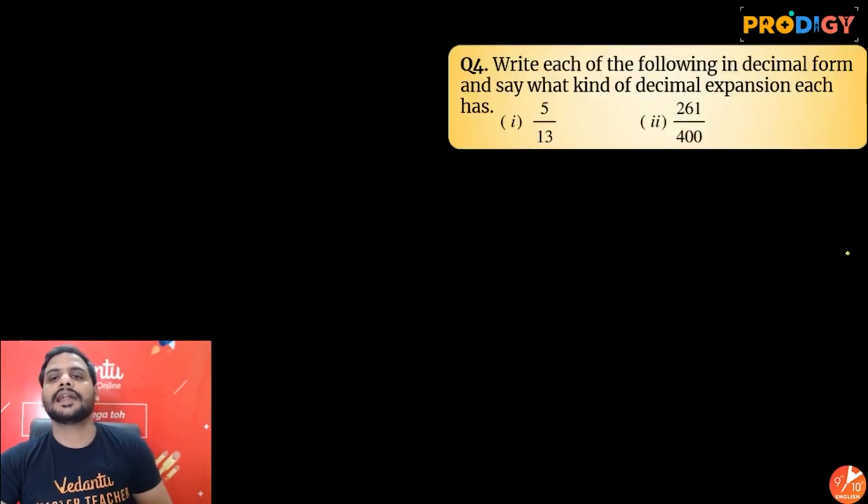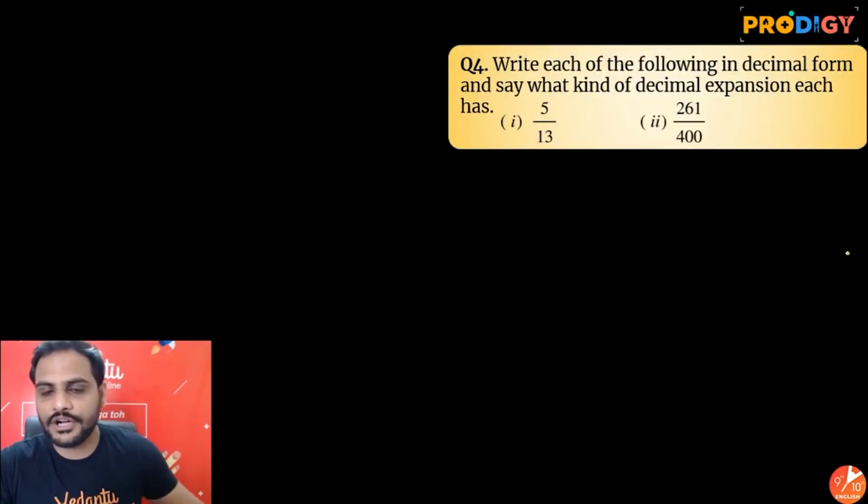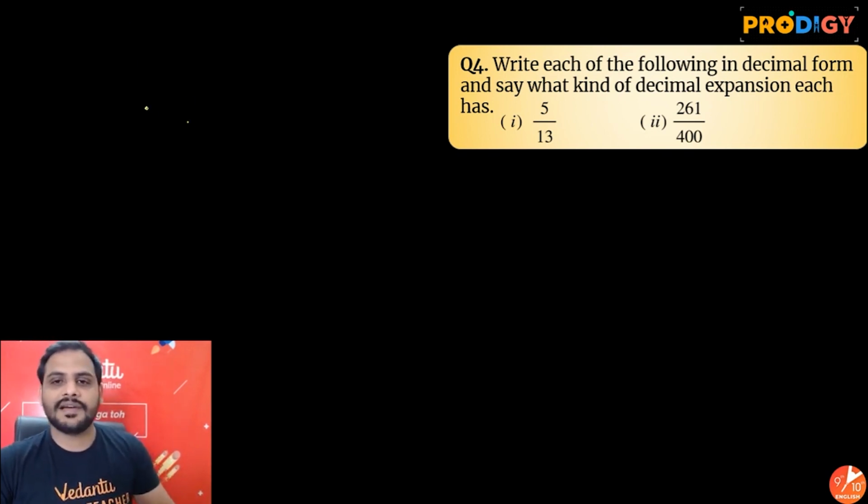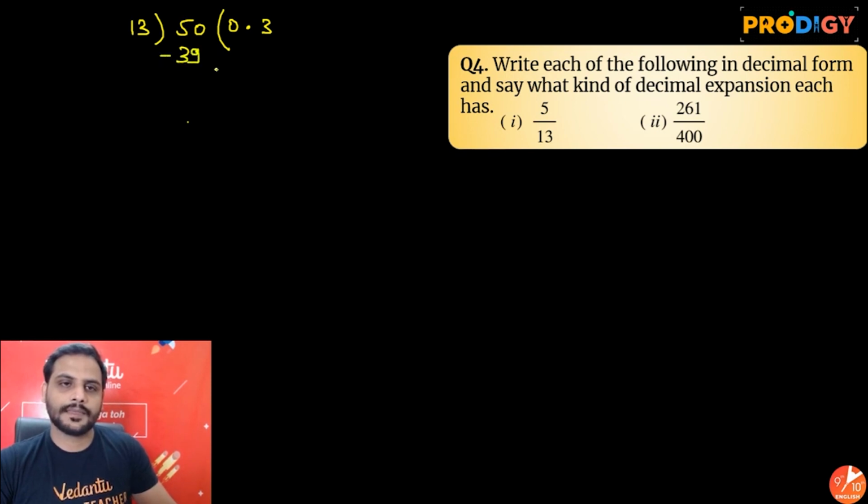Next question. Write each of the following in decimal form and say what kind of decimal expansion each has. So 5/13, let's do the decimal form. So 5 is divided by 13. Alright, so let's put a decimal here, 50. 13 3s are 39. Subtract, remainder 11. 13 8s are 104. Remainder 6. 13 4s are 52.